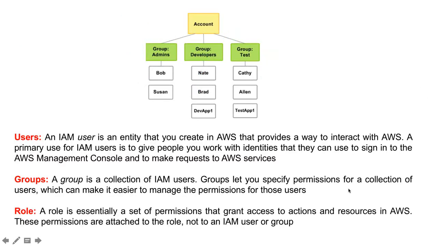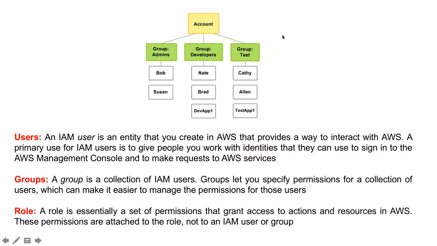Okay. Role. A role is essentially a set of permissions that grant access to actions and resources in AWS. These permissions are attached to the role, not to an IAM user or group. Role is quite an important concept for us to understand. A role allows two different features in your AWS architecture to access each other.